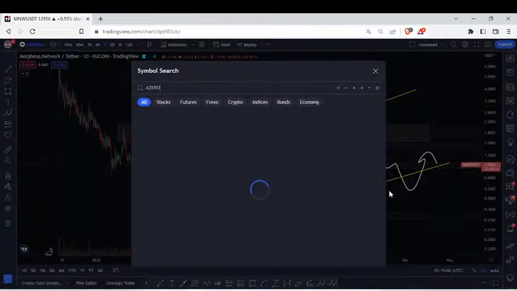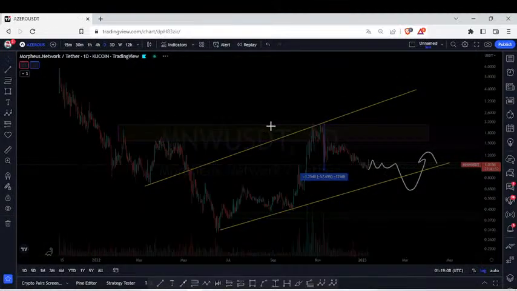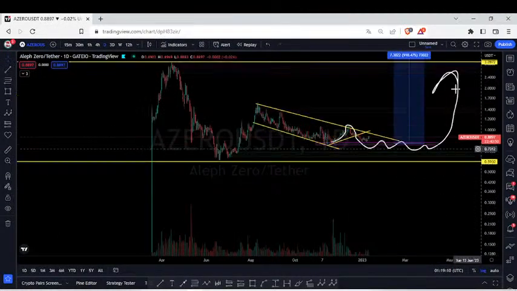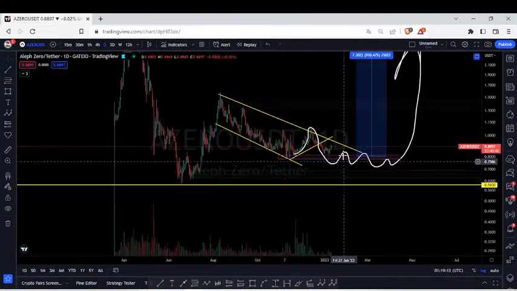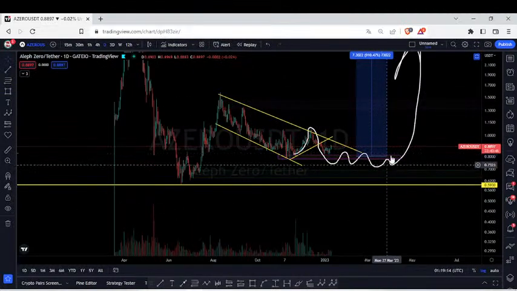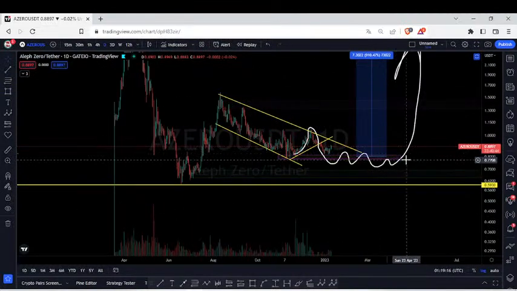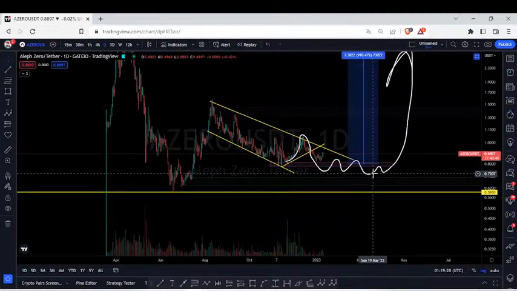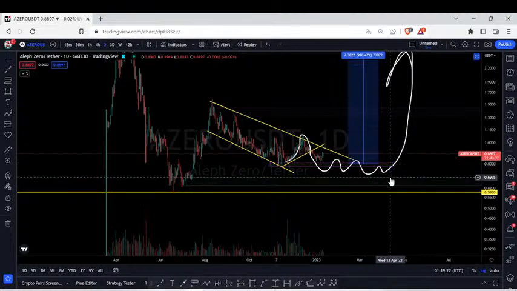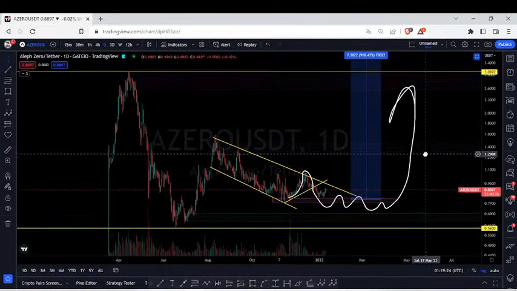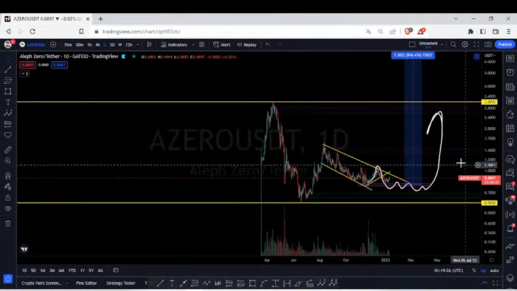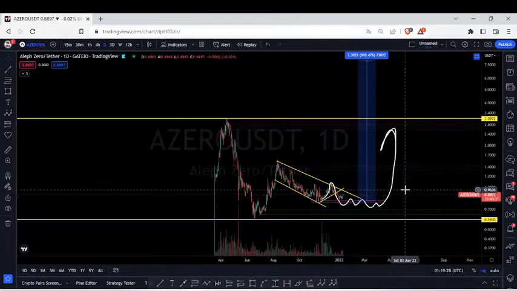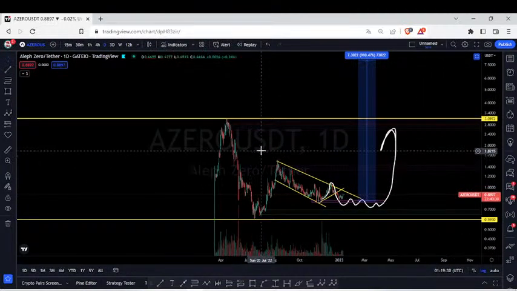It's one of my favorites. I did make a little buy of this as well, but my main area is this. That's what I'm waiting for. A huge accumulation zone is going to happen in here, about 60s and 70s as well, and then this thing is going to go up for a 10x in my opinion for the next bull run. Keep that in mind.